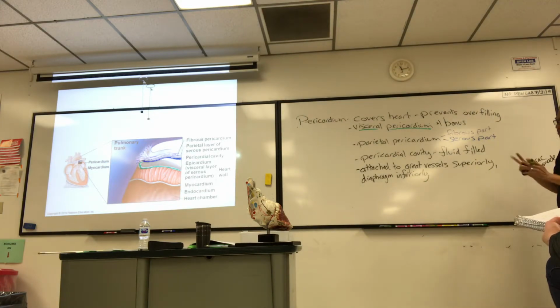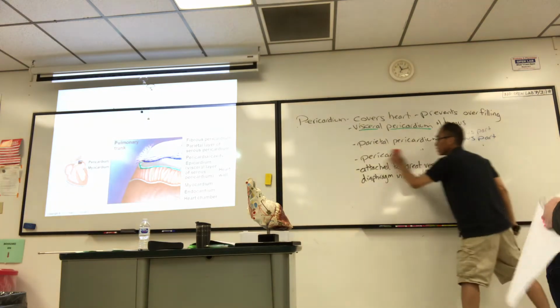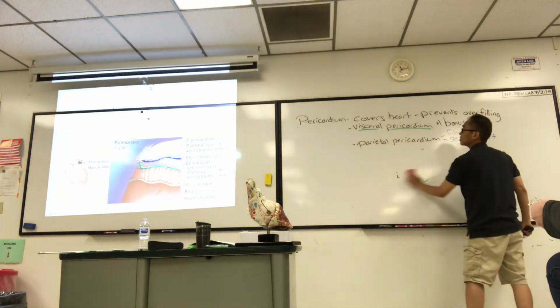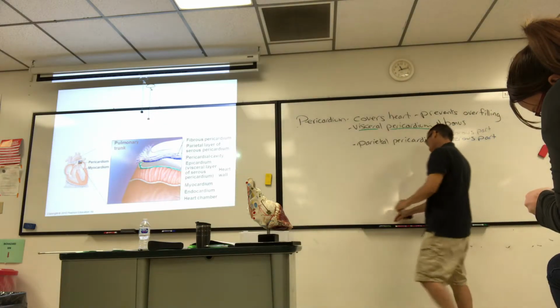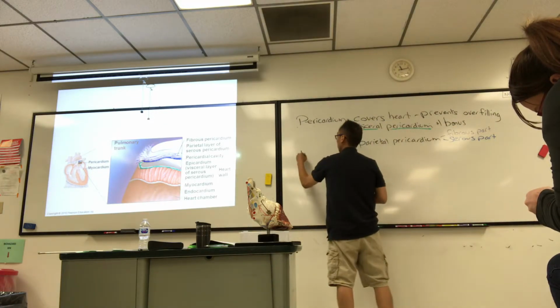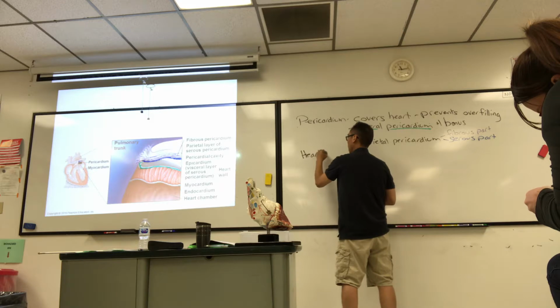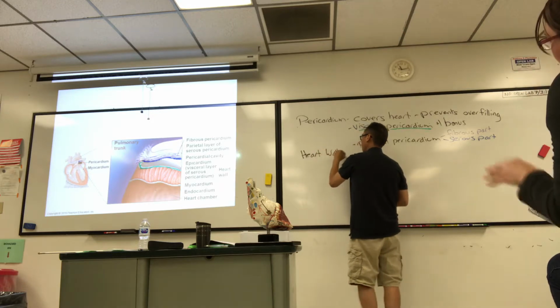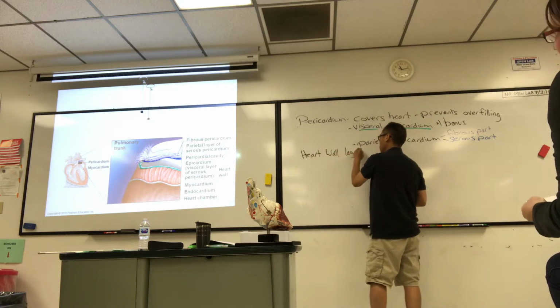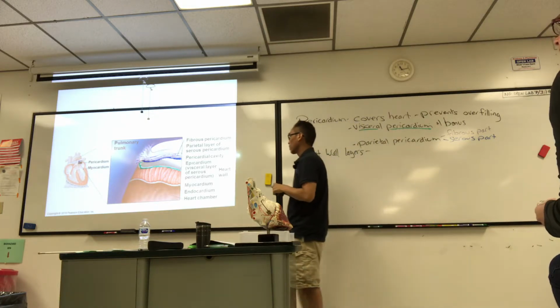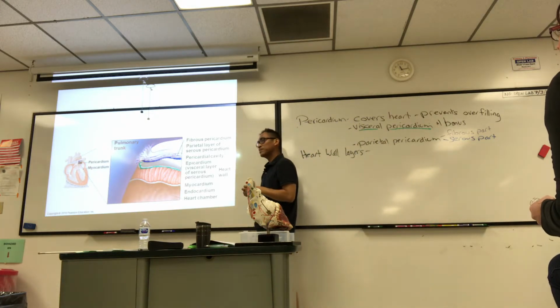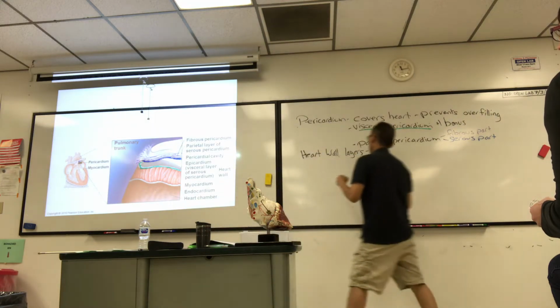Okay, but let's start with the layers of the heart wall. Do you need to say visceral layer of serous pericardium, or will you accept visceral? Visceral pericardium is usually what I said. Yeah. So let's write that.